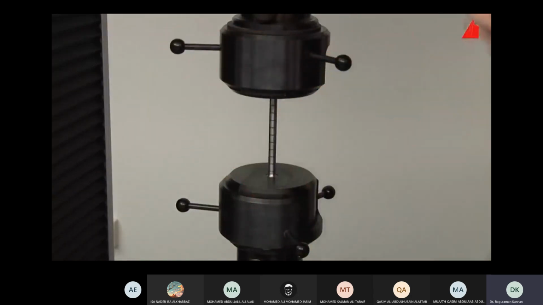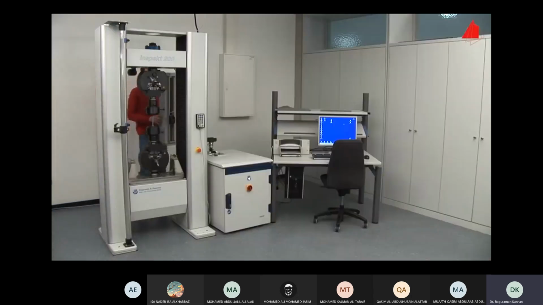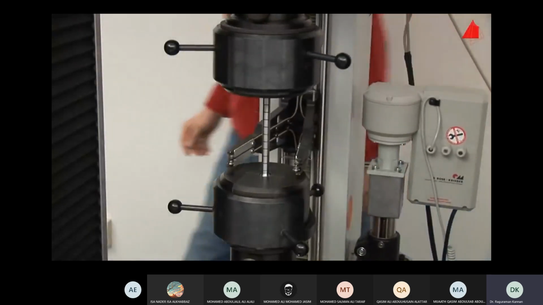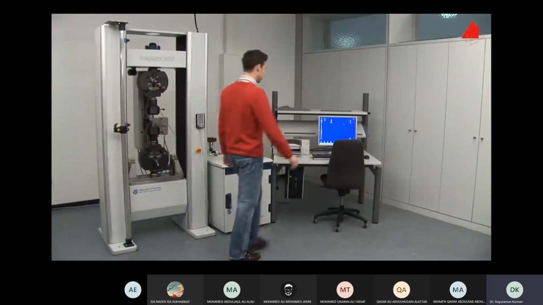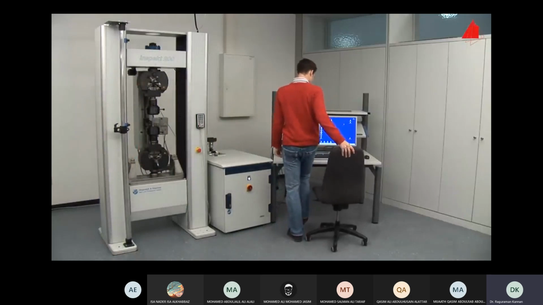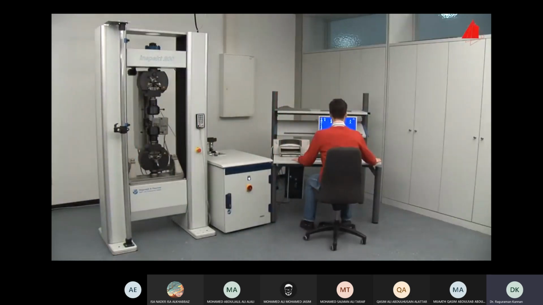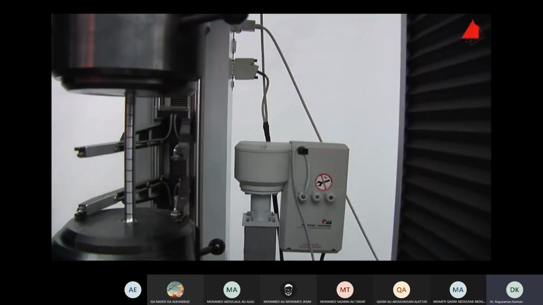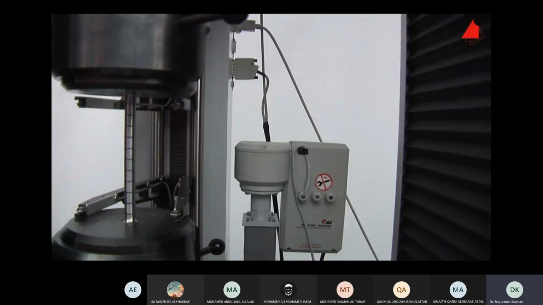In the next step, he swings the extensometer into its working position and checks that everything is correctly prepared. Then he selects all necessary testing parameters on the control computer. Ready. The test starts and the extensometer's sensor arms are carefully pressed onto the test piece.